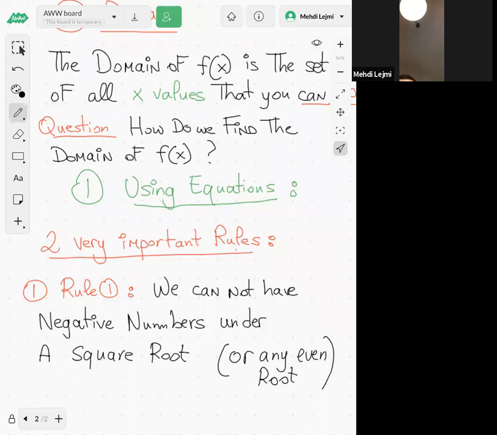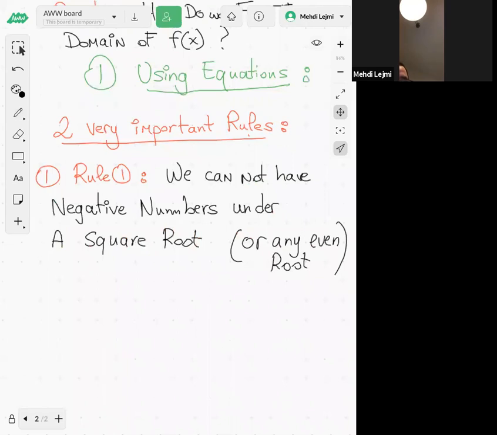The second rule is that, as you know, we cannot divide by zero. So rule number two: we cannot divide by zero.